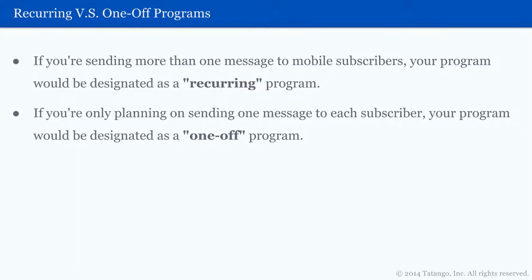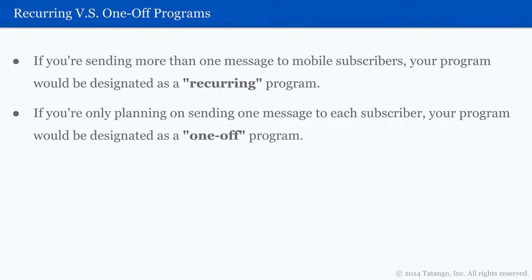So there's 2 different kinds of campaigns. There's recurring and one-off programs. A recurring program is if you're sending more than one message to mobile subscribers, your program will be designated as a recurring program. An example of a recurring program is you opt in to receive Pizza Hut promotions every week. That's recurring.